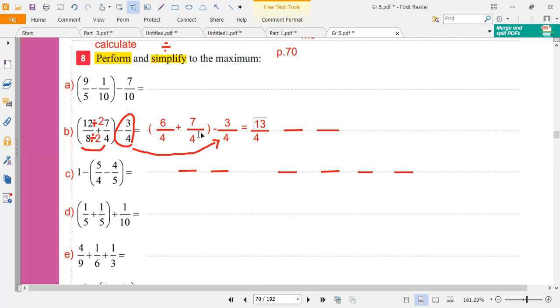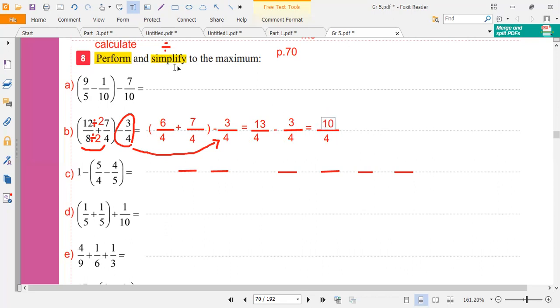So we remove now the parentheses, and we have minus 3 quarters. Now these two fractions have the same denominator, so we can subtract them. We keep the denominator and we subtract the numerators. We get 10 quarters. And after we get the answer, what we have to do?